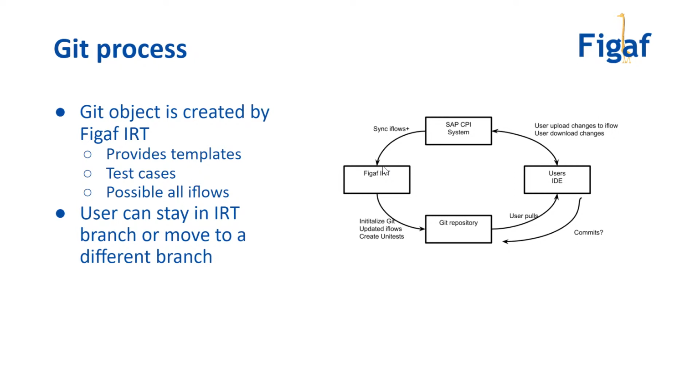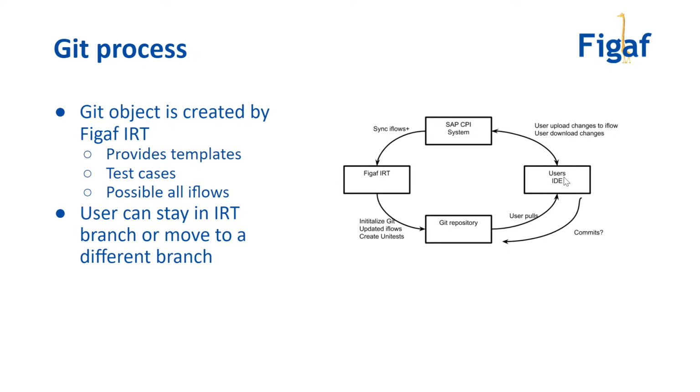Once it sees that there's a change, it will download it and put it into its own version control. Once it has figured out the change set since it last ran, it will put this into the Git repository, and the user can then use this Git repository, which comes with all the templates and all the things you need to get started.